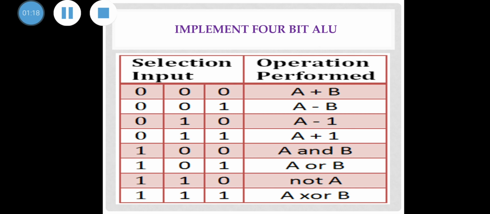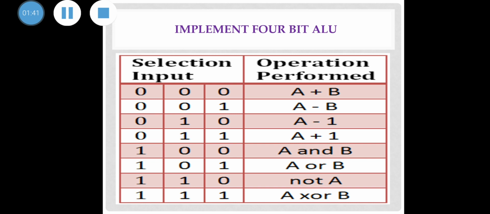Here you can see the select line is of 3 bits and the operations performed are shown depending upon the select lines. When the select line is 000, addition operation will take place of 4 bits. A is 4-bit and B is 4-bit, so binary addition will take place of these 4-bit inputs.